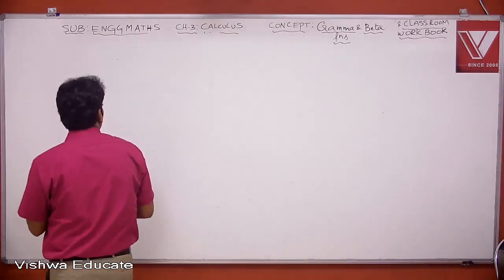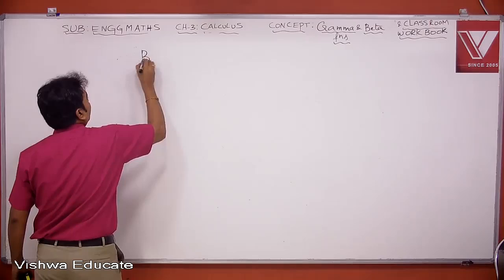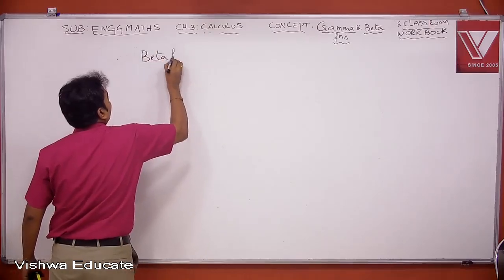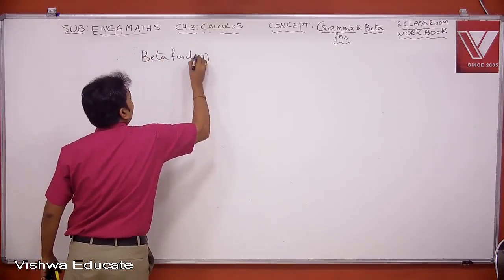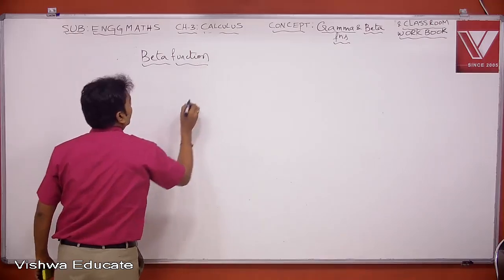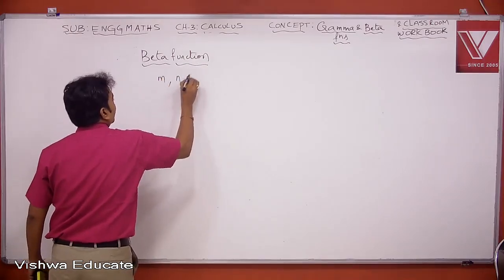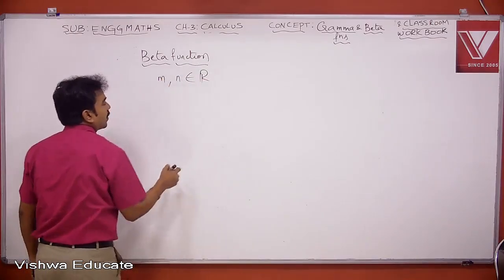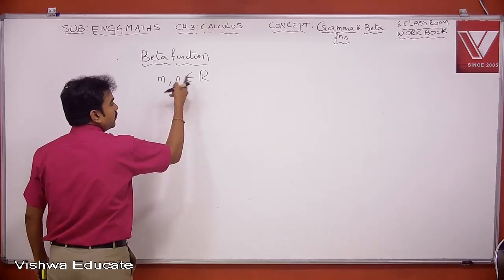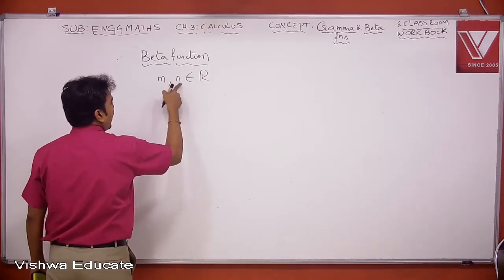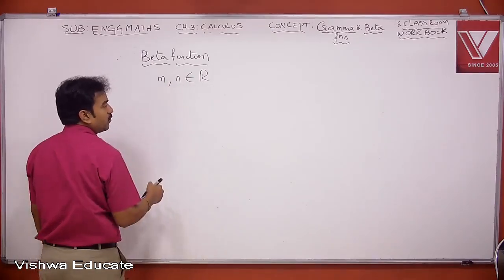Next we discuss beta function. Suppose we have two real numbers m comma n, two parameters. In simple words we call them variables. M comma n are two variables.